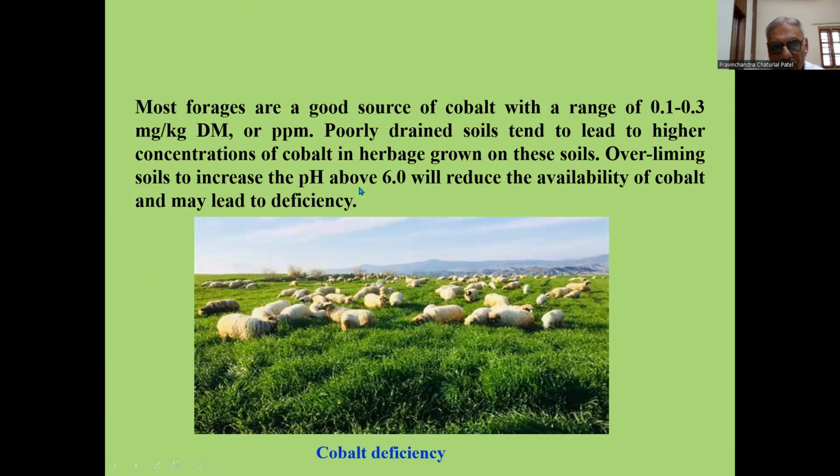Overliming soil to increase the pH above 6 will reduce the availability of cobalt and may lead to deficiency. So overliming is also not beneficial, and we should know by soil analysis. So cobalt deficiency.